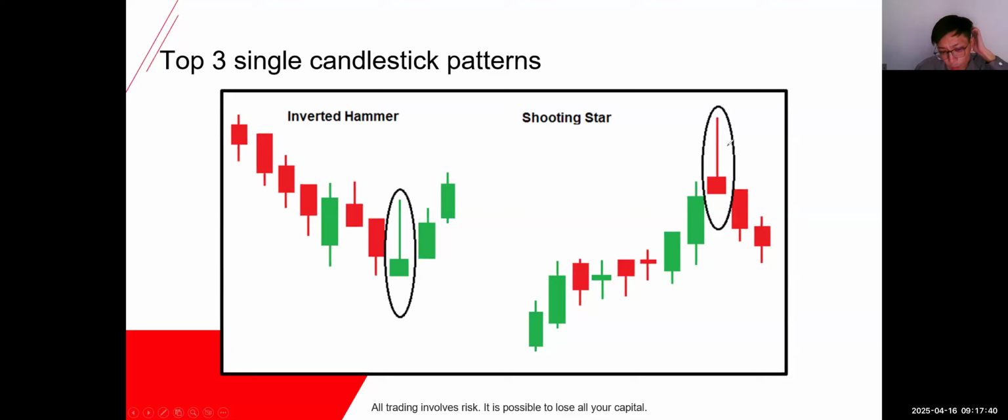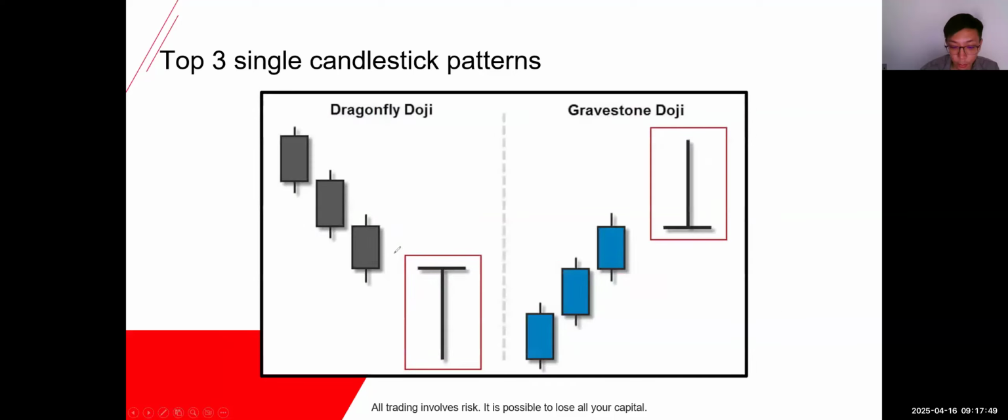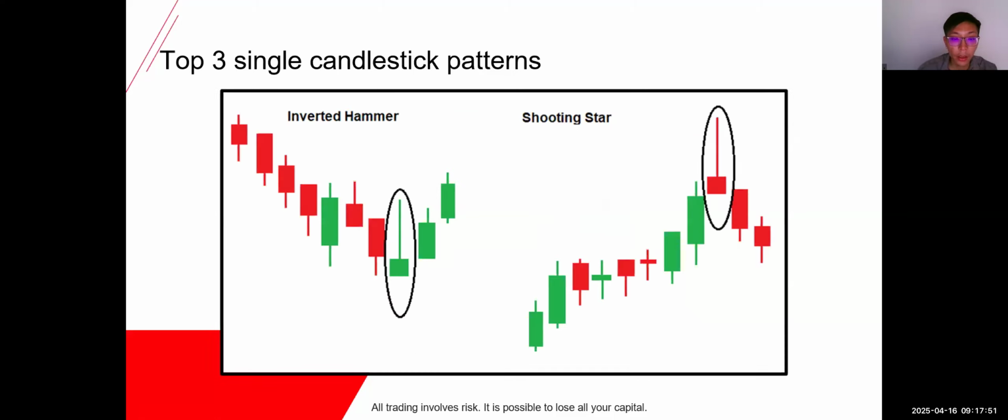You can see how there are so many and they all look the same. If you notice, we have hammer and then it looks the same as an inverted hammer. It's just that instead of the wick being here, the wick is formed here. So that's why for myself, I only use this as extra information. This is quite obvious.